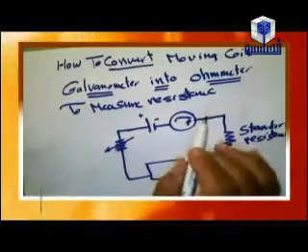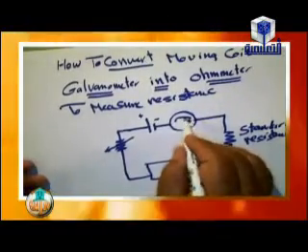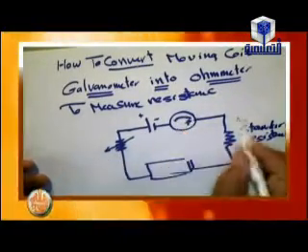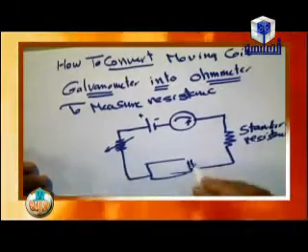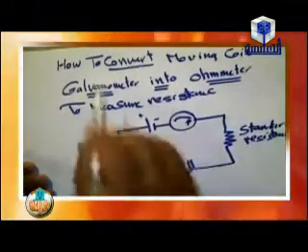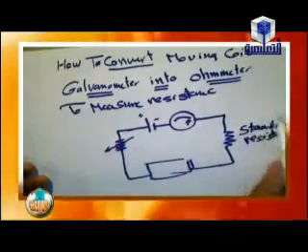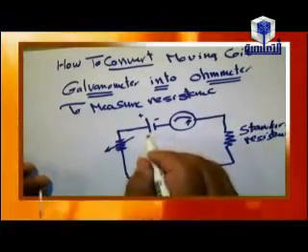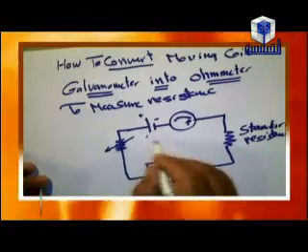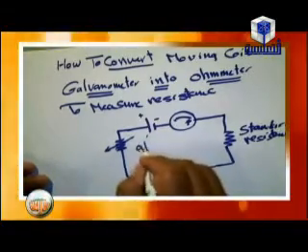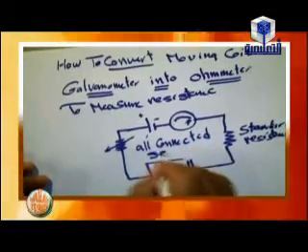If we want to measure any resistance using the ohmmeter, the pointer of the galvanometer must give full scale in order to give zero resistance in the external connection. All of them are connected in series.